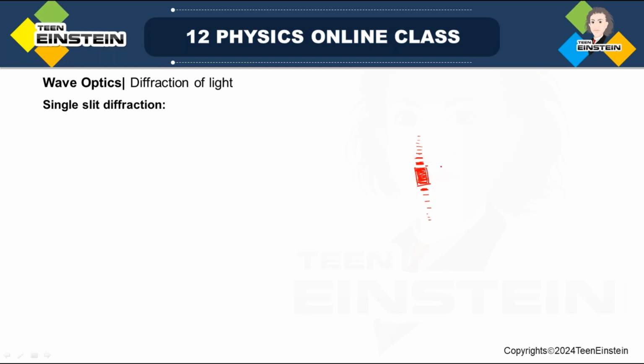Maybe in the second slide I'll show you how it looks. At the center there will be a central bright region, and on either side we'll see alternate bright and dark regions of gradually reduced intensity. Okay, this is briefly about diffraction and the diffraction pattern.